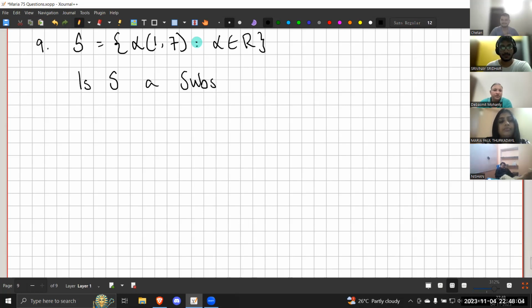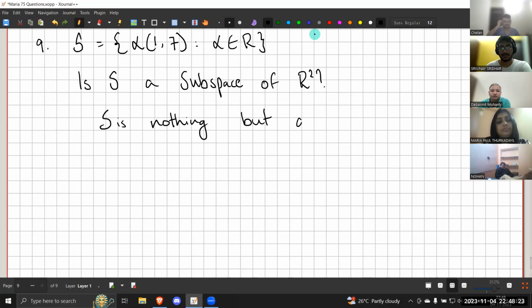We already discussed, right? Any multiple of (1, 7) essentially goes from the origin to that point, and it will become a line passing through the origin. Correct. Rishabh also says yes, it is a subspace.